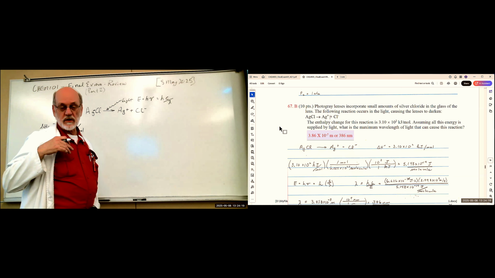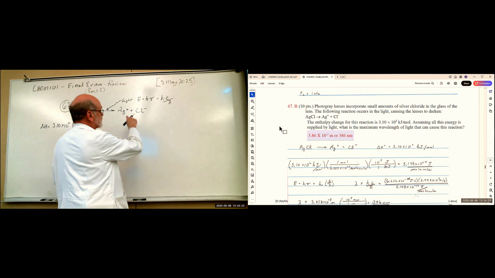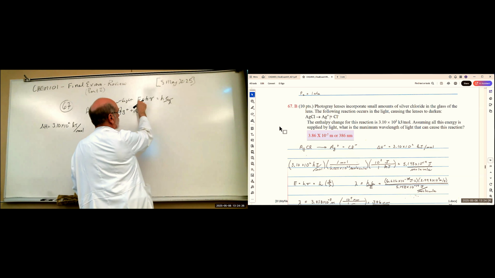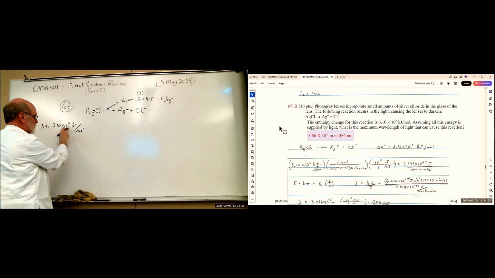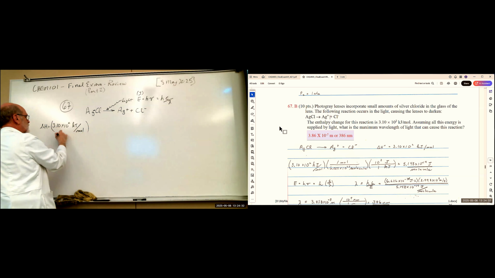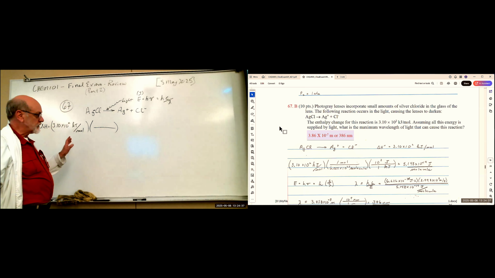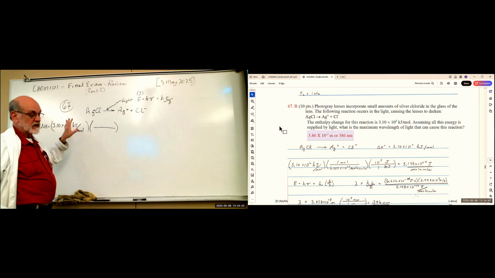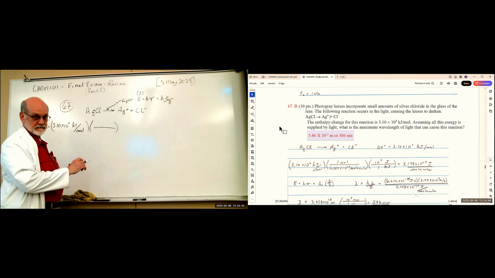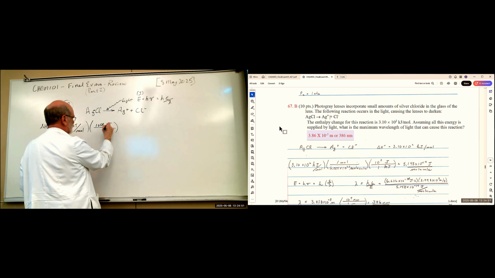We want to change it to joules per molecule, because this value here is in joules, not kilojoules. Remember when you're in dimensional analysis, if you've got multiple units in your starting material, then you do one at a time. So kilojoule is 1,000 joules.